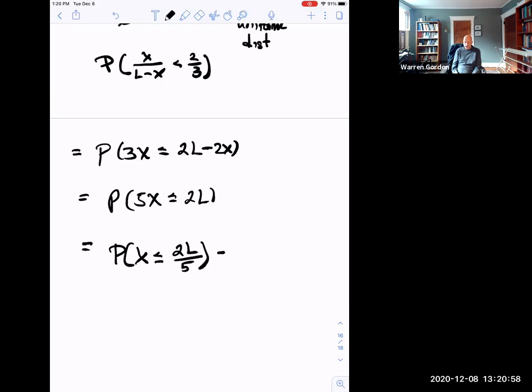For a uniform distribution, that's just 2L over 5 divided by the total length, which is just an answer of 2/5. So it doesn't matter how long this piece is.